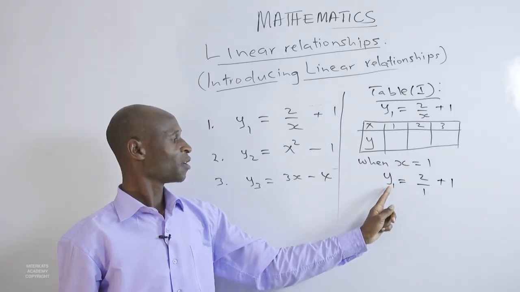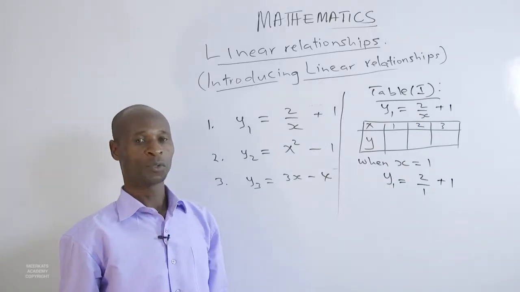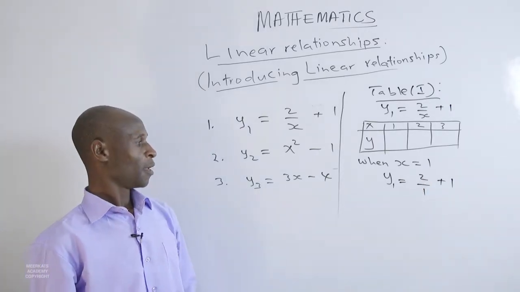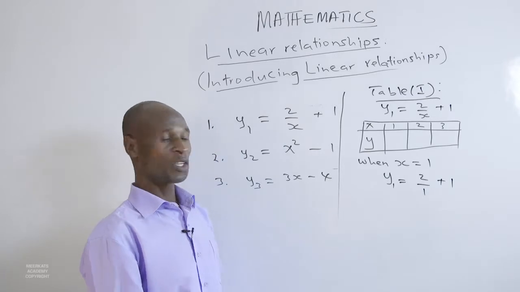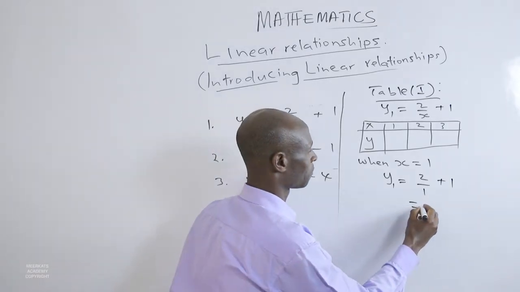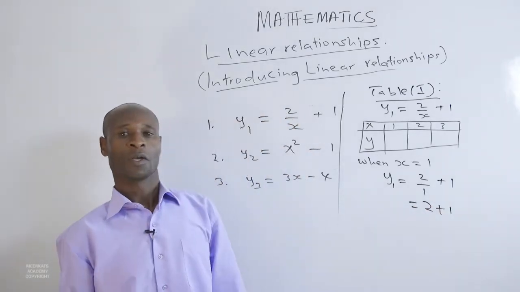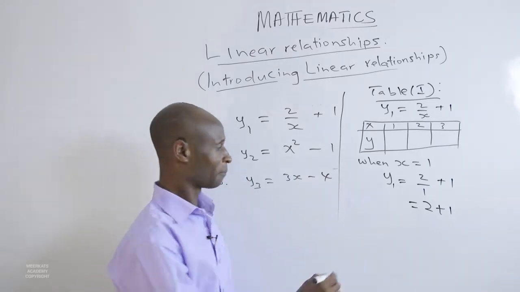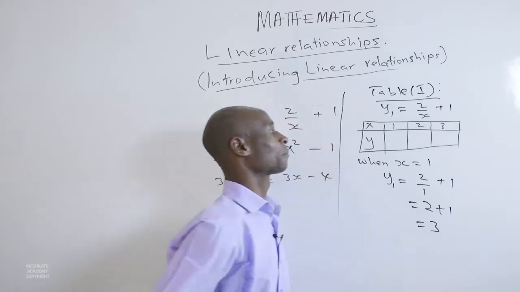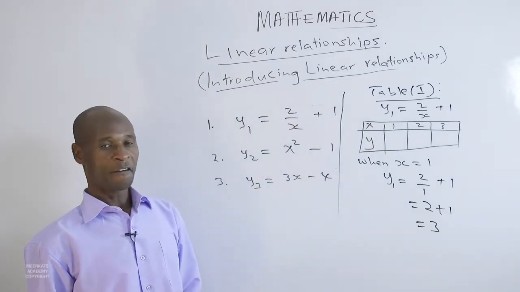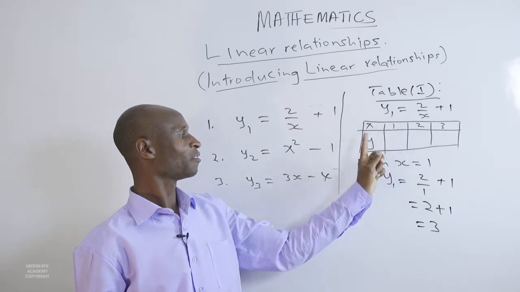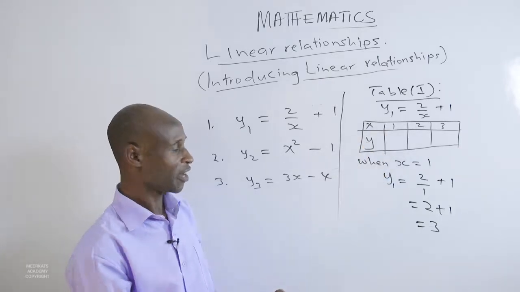In this case, y1 will be equivalent to 2 divided by 1 plus 1. 2 divided by 1 is equivalent to 2. When we take 2 plus 1, the result is 3. Therefore, when x is 1, the y value is 3.